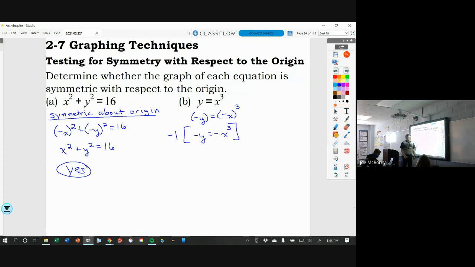If I multiply by negative 1, what's that going to do? Change the signs. So it becomes y equals x cubed. Did I end up with the same thing I started with? Yes. This function is symmetric about the origin.